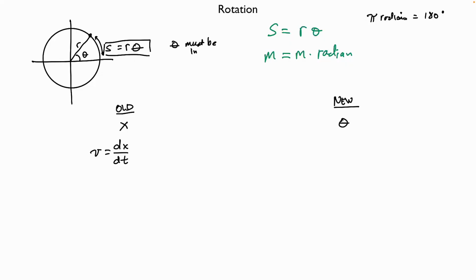This is velocity, with a direction associated with it, of course. A change in position with respect to time is the velocity. So if we change our angle with respect to time, if I tell you that this thing goes through pi radians per second, or 180 degrees per second, what have I just told you? The angular velocity.